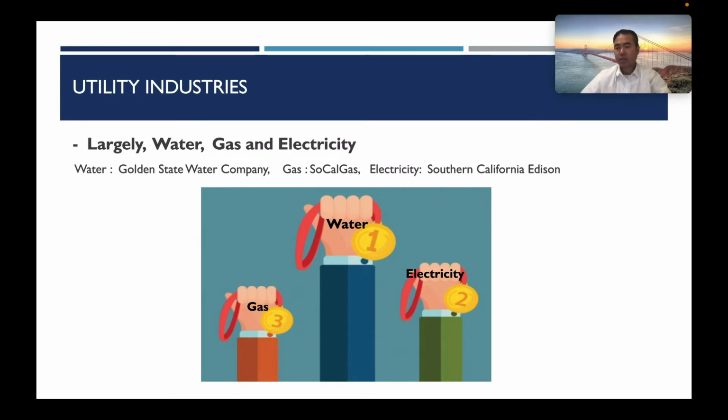Utility industries have three categories: water, gas, and electricity. These are very important for individual houses. Without them, it's very hard to survive.